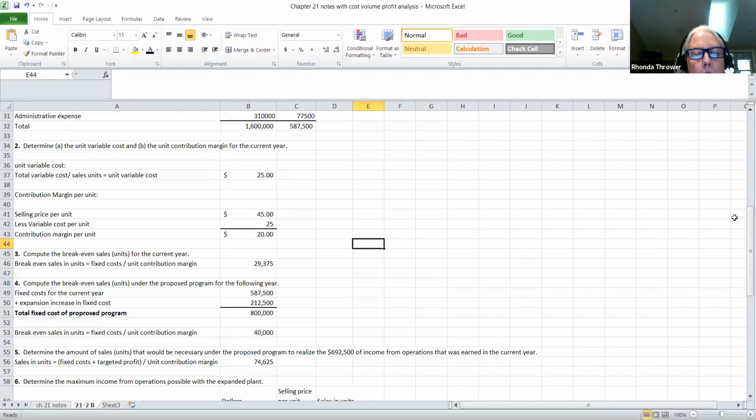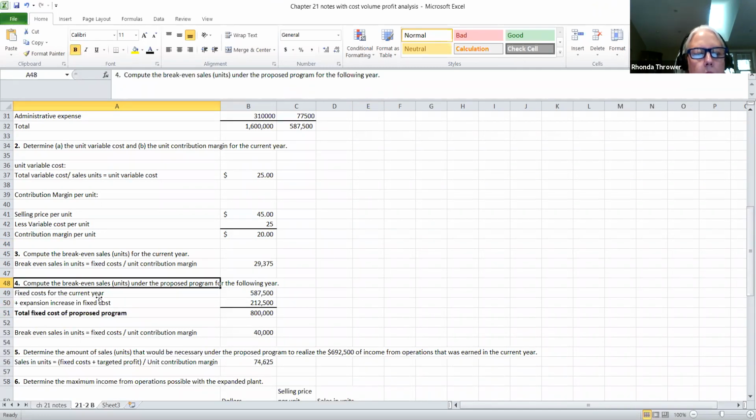So when we are computing the break-even sales in units under the proposed program, we're going to need to know what the fixed costs for the year are going to be.